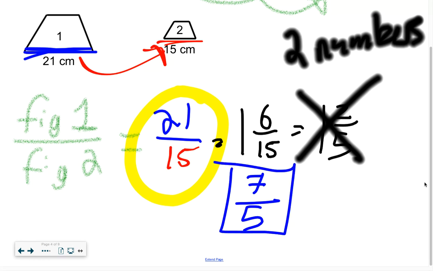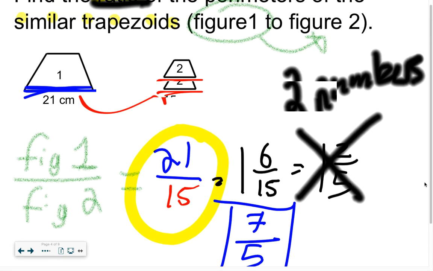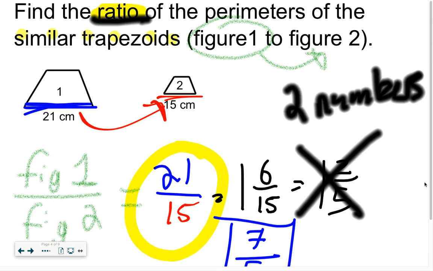That is the ratio. It is a fraction. It involves two numbers. Now, we're going to look at a different slide in a moment, but knowing that ratio, if I told you the perimeter was 70 for this first trapezoid, doing just a little bit of math and knowing nothing else about trapezoid 2, you could actually tell me the perimeter of it is 50.